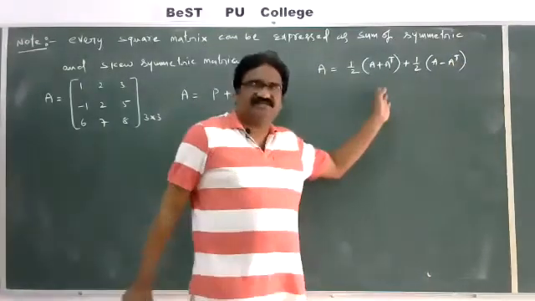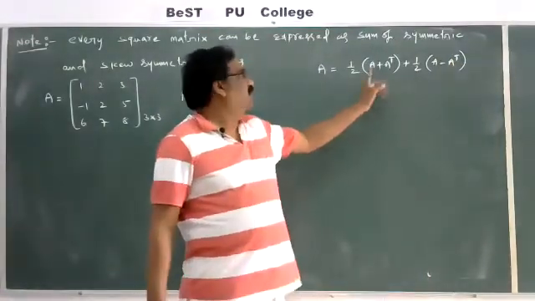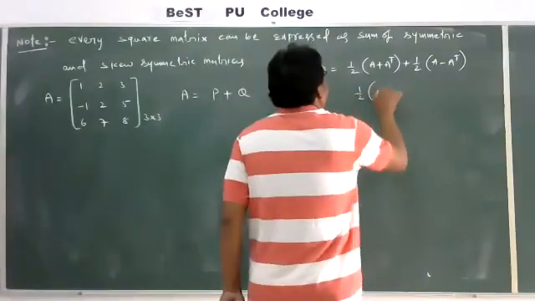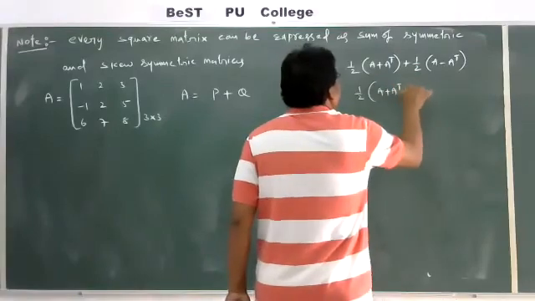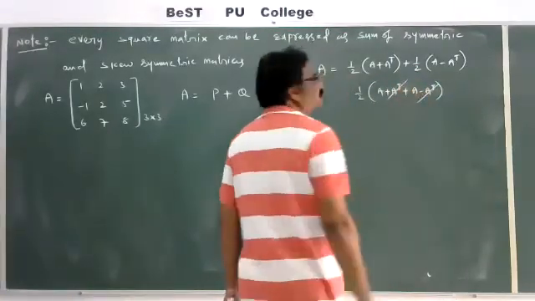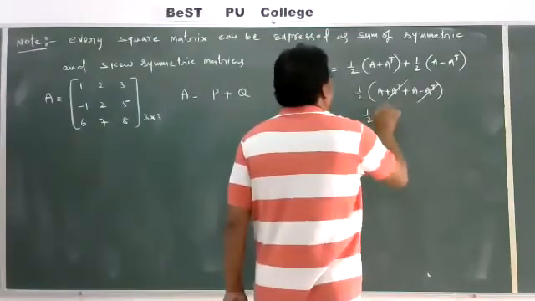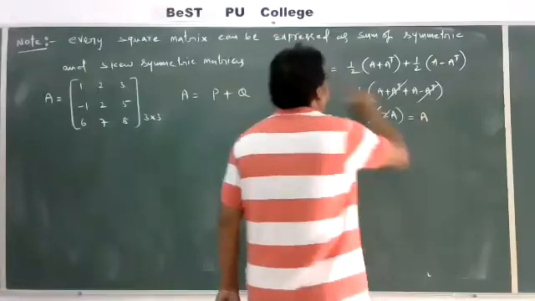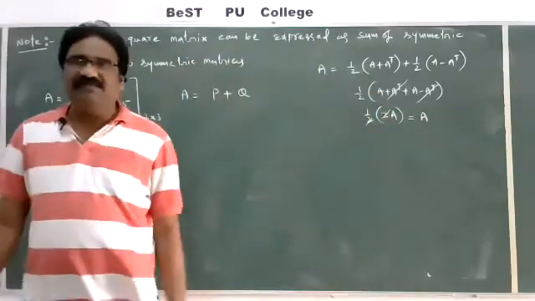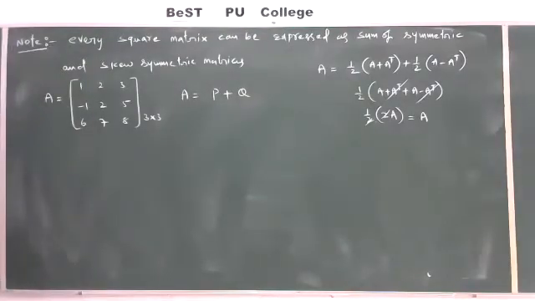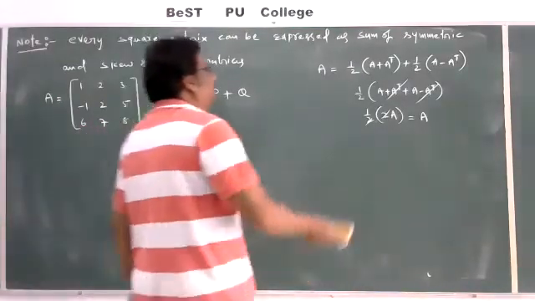To simplify, 1 by 2 is common: A plus A transpose plus A minus A transpose. The A transpose terms cancel, and 1 by 2 into 2A gives A. That means A can be expressed as 1 by 2 into (A plus A transpose) plus 1 by 2 into (A minus A transpose).